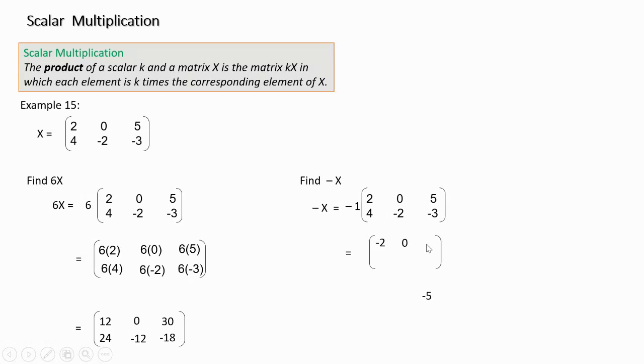Negative 1 times 5 will give us negative 5. Negative 1 times 4 will give us negative 4. Negative 1 times negative 2 will give us a positive 2. And negative 1 times negative 3 will give us a positive 3. What was the observation? All the signs switch from the regular matrix X, because you multiply by negative 1, all the signs switch on every element.